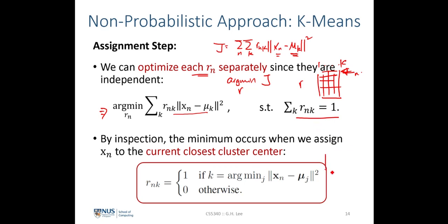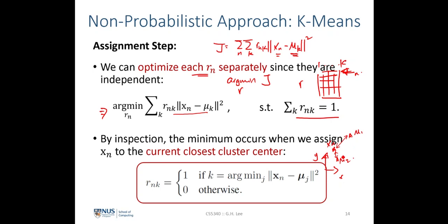Now suppose that I have a two-dimensional case, x and y, and I have set mu1 and mu2 to be here, for example. So for each one of these x_n, my data point here, in order to minimize this particular distance, since the distance is x_n minus mu_k squared, I'm computing this distance and computing this distance, for example.